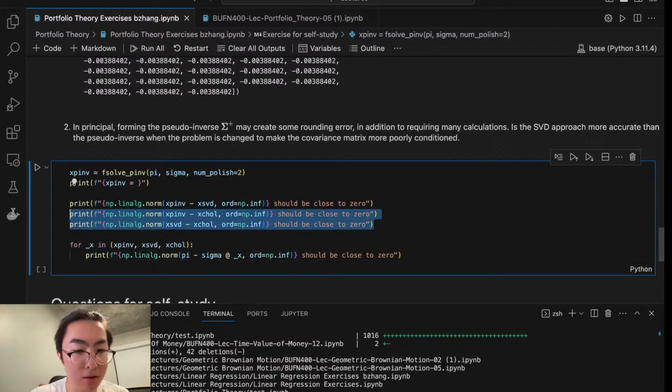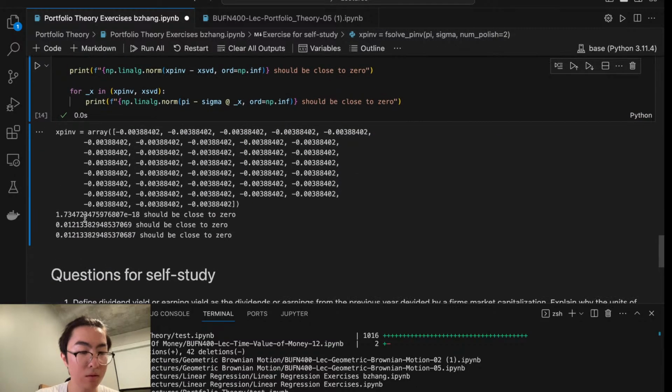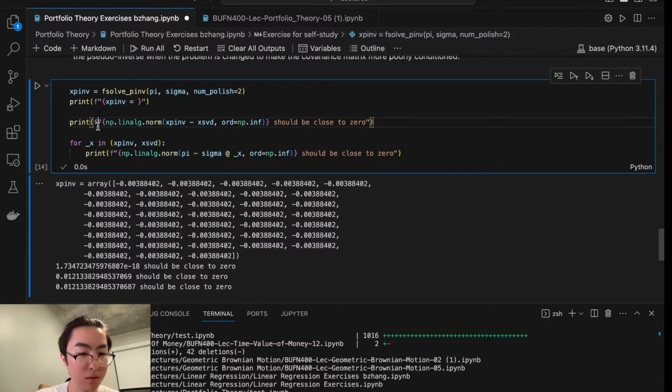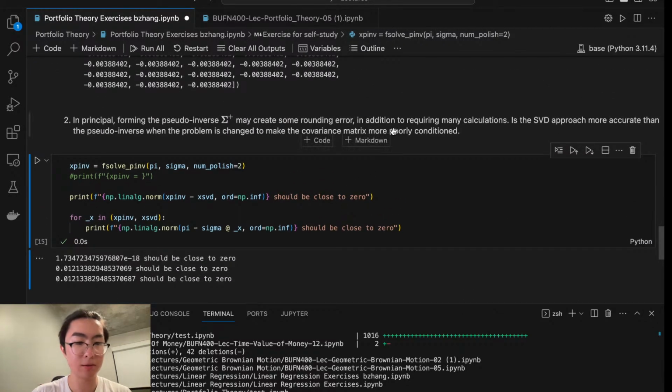Minus SVD. Okay, pseudo inverse, Cholesky, pi minus sigma X. So it seems like they're pretty similar, actually.